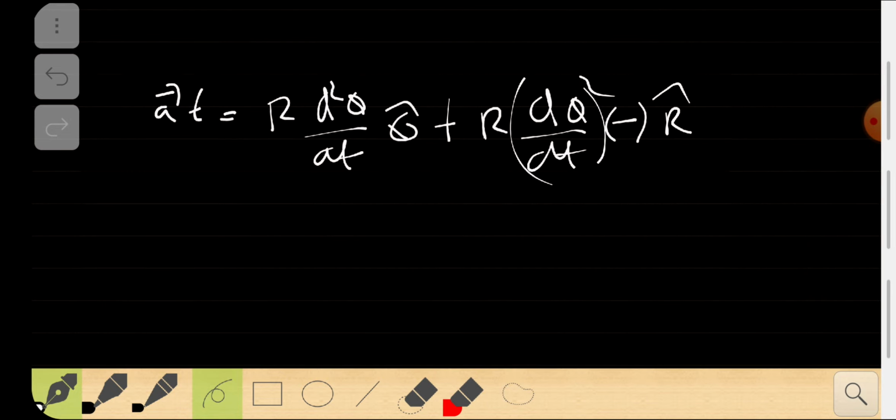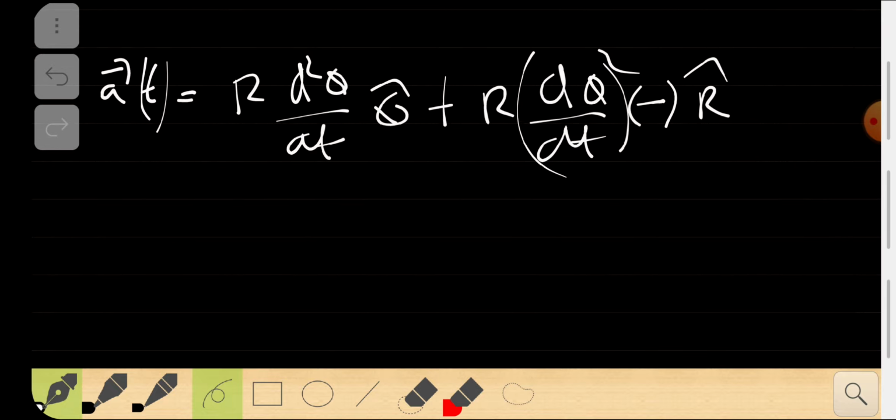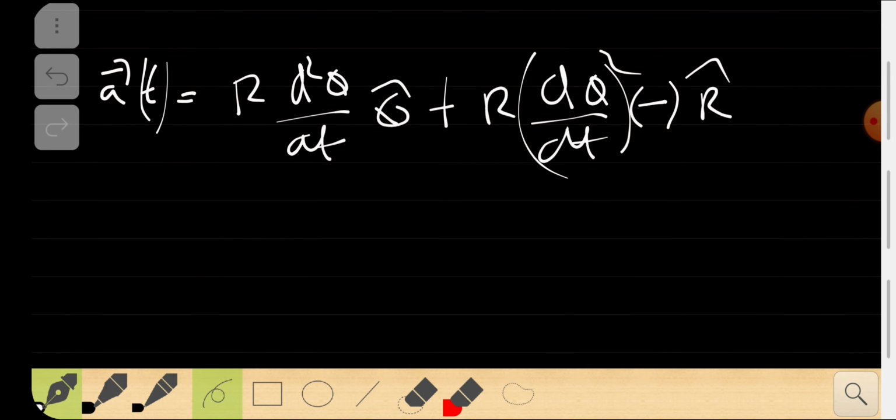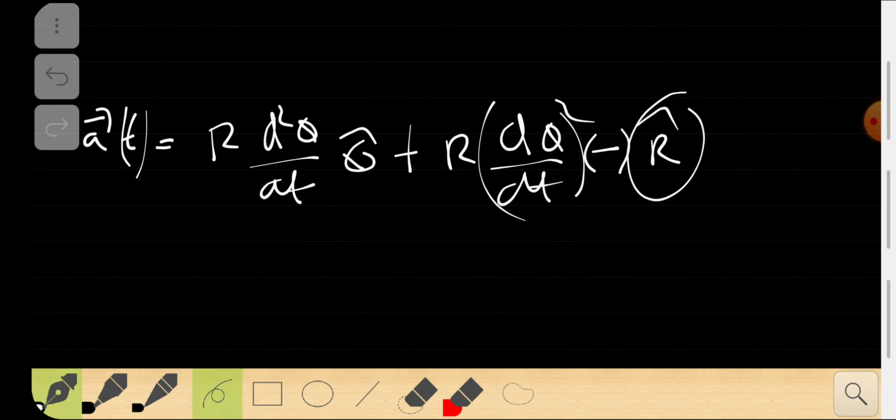So that's what you get. That's the acceleration with respect to time, so that's the acceleration equation. From equation 1, we have substituted the r cap.